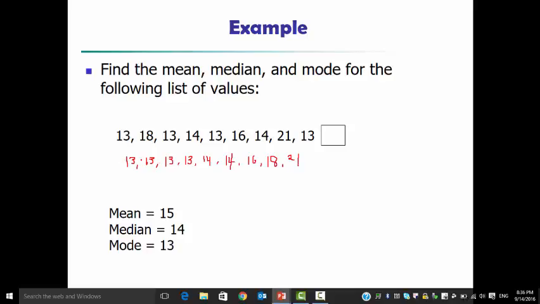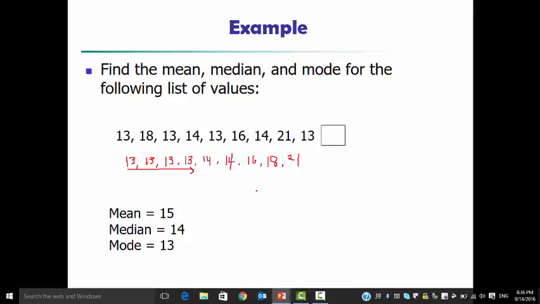So 1, 2, 3, 4, 5, 6, 7, 8, 9. Oh, wait a minute. 9. Yeah, 9. So what is the value in the center? Then 1, 2, 3, 4.